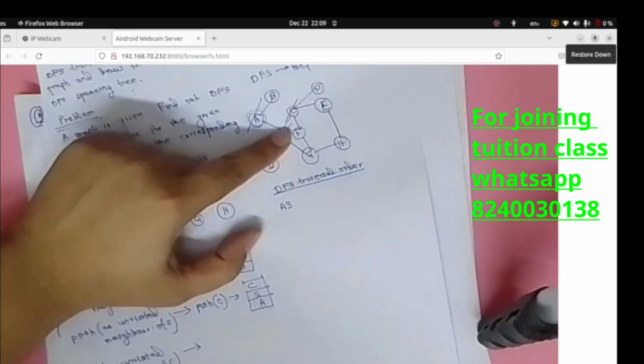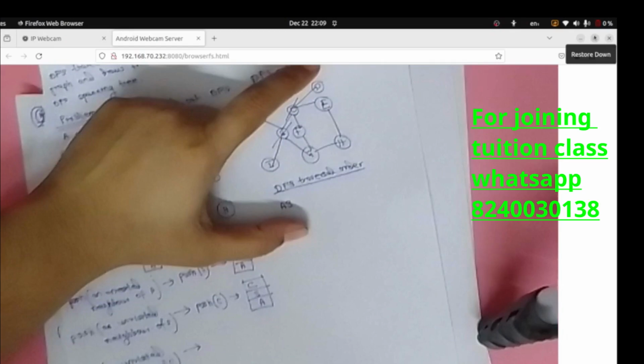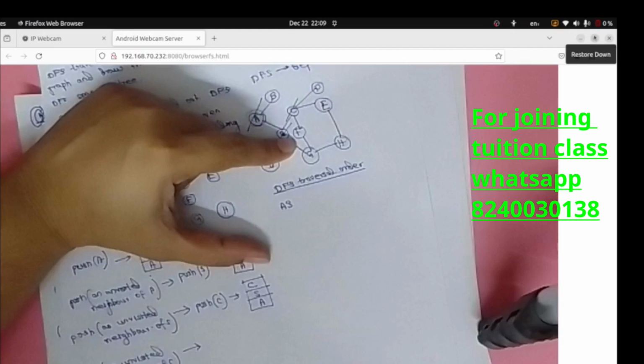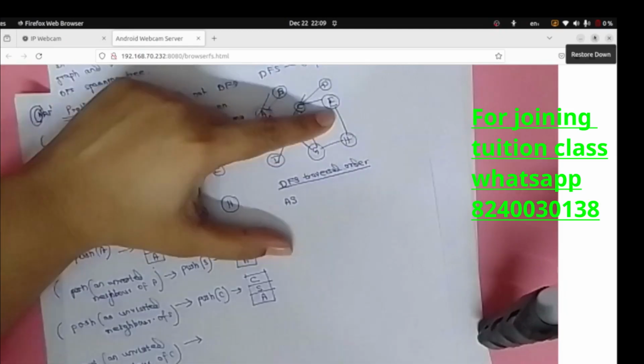For C, there are three neighbors, G, E and J, and all of them are unvisited. So we can pick any one of them to push into the stack.